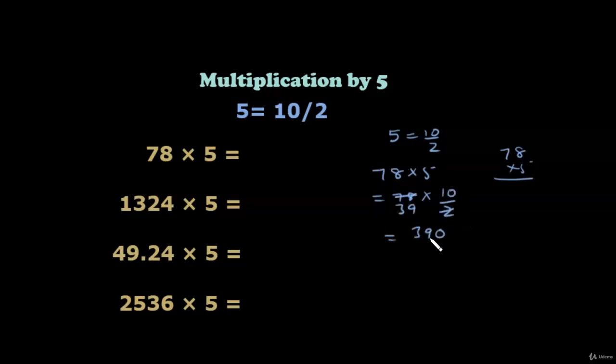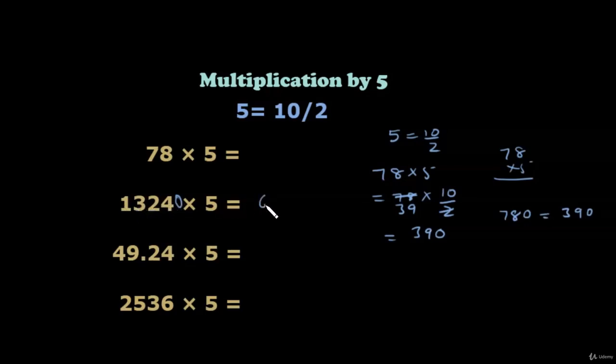So we can make this technique easier by just placing a 0 after the number and then writing the half of the number. This will give us the multiplication by 5. For example, if we have to multiply this number by 5, instead of multiplying by 5, we will just write a 0 after the number, or assume that there is a 0 after the number, and write the half of this number.